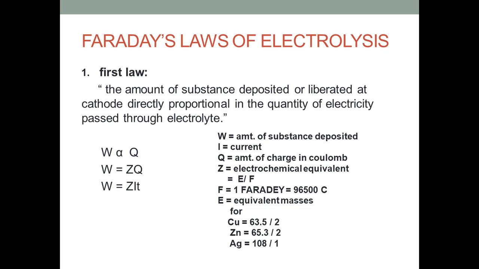If you compare the equivalent masses of these three different elements, silver shows the maximum equivalent mass among all three. Then in the second position we have zinc, and last we have copper. So this is all about Faraday's first law. Now we discuss the second law of Faraday.